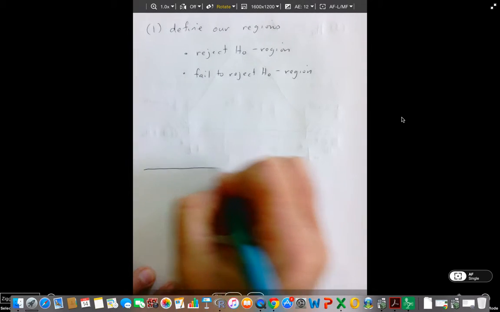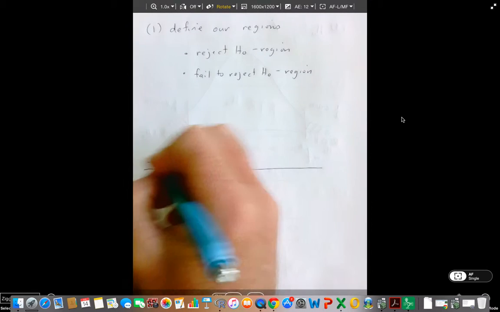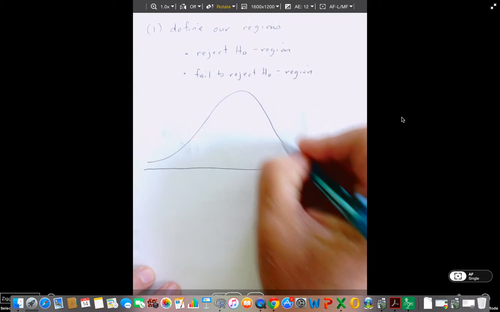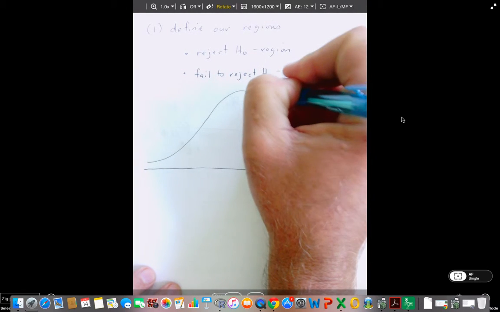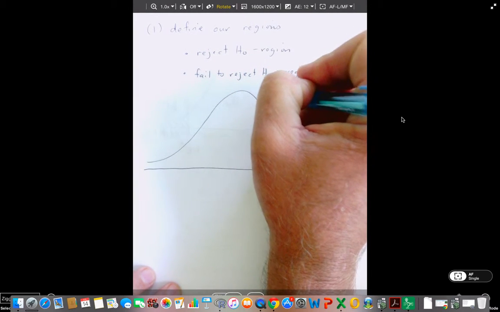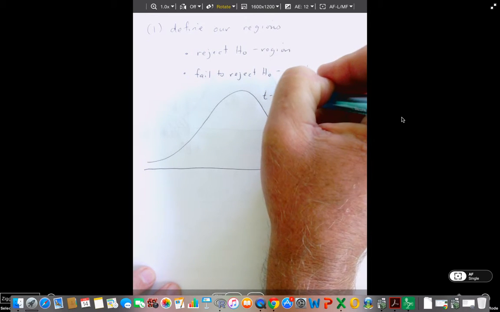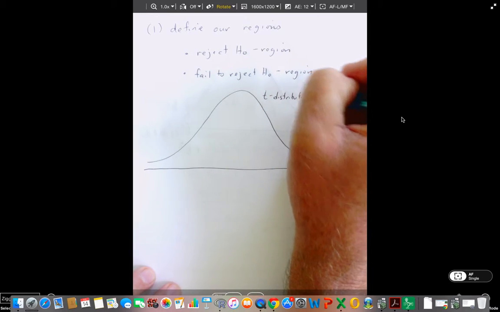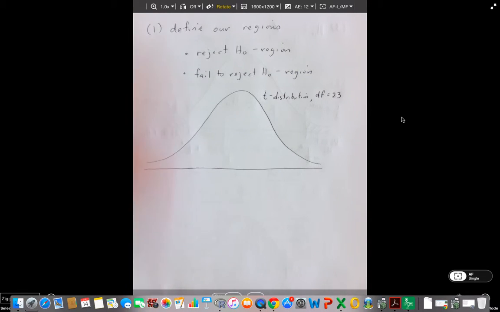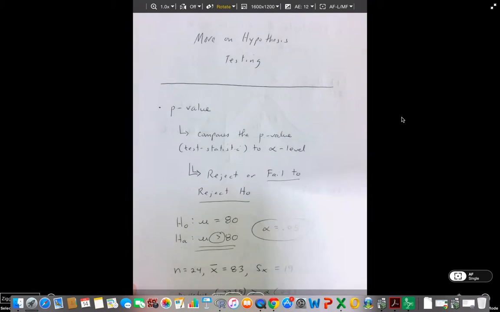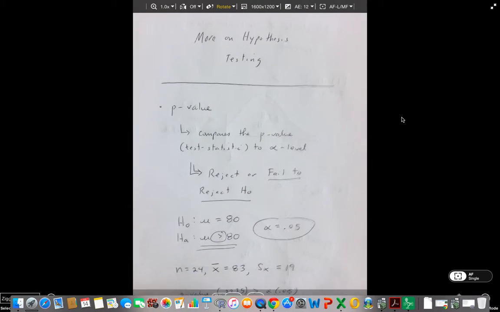First of all, we know that this curve right here is the t distribution. Degrees of freedom equals 23. Because guys, we had back here a sample size of 24, right?